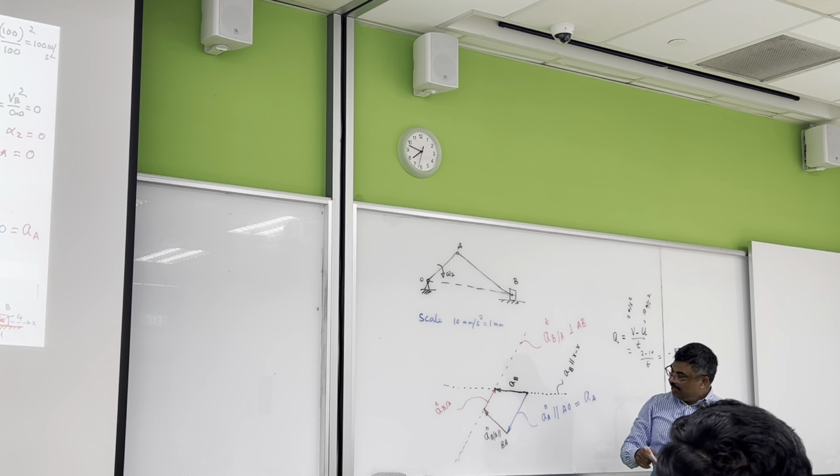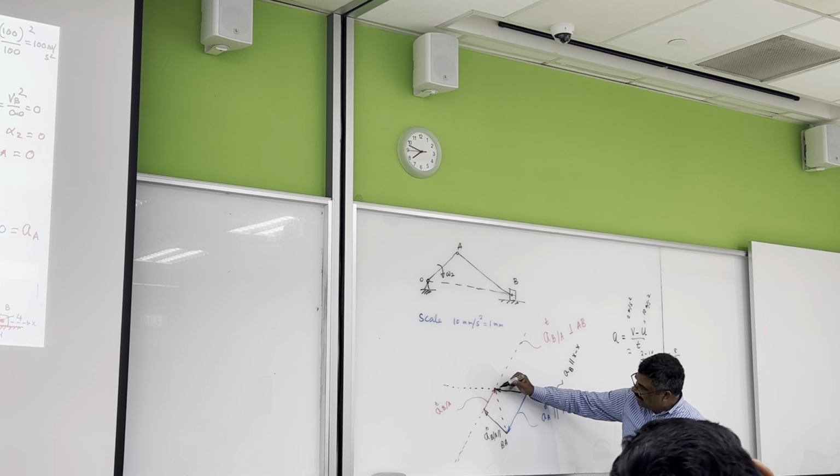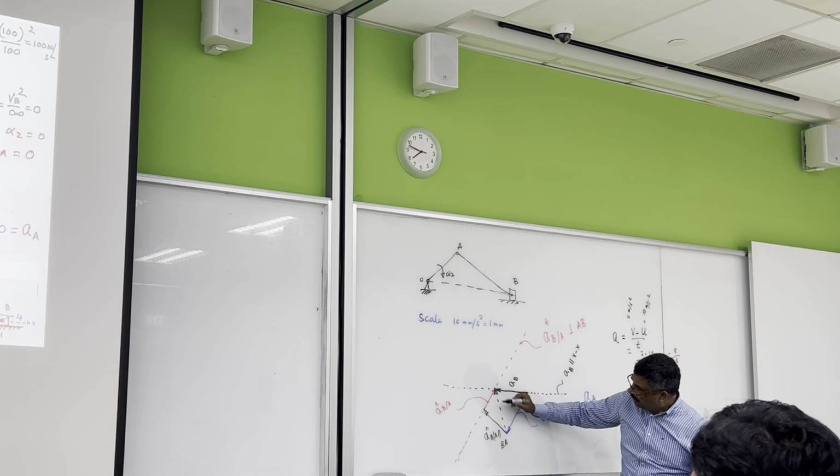So if from here I draw a line up to that point, that is your absolute relative ABA, because that is your normal, that is your tangential. So from here up to that point, that is your absolute relative ABA. Because I want a graphical method, with minimum calculator use.